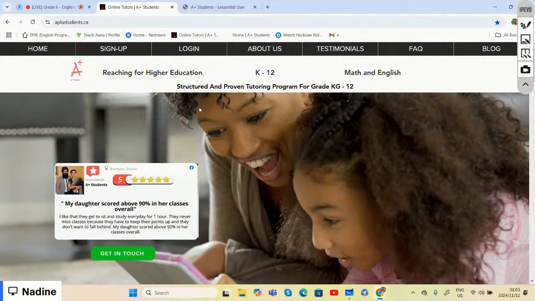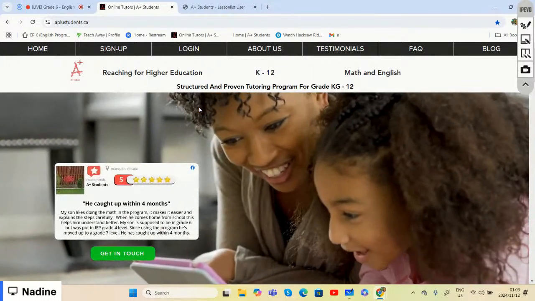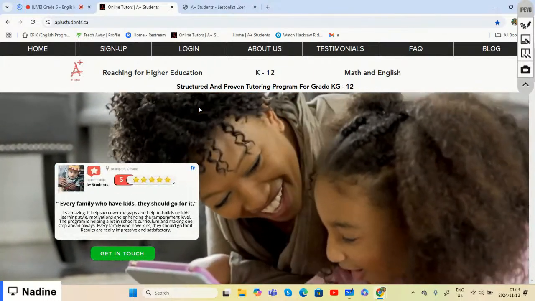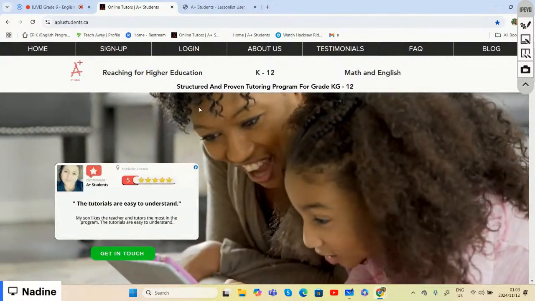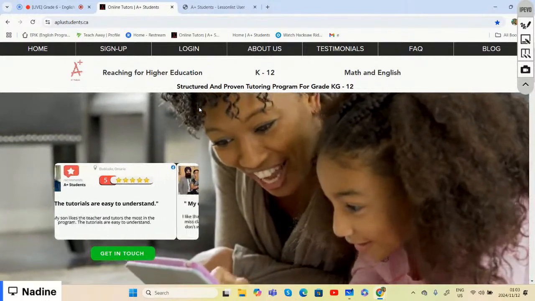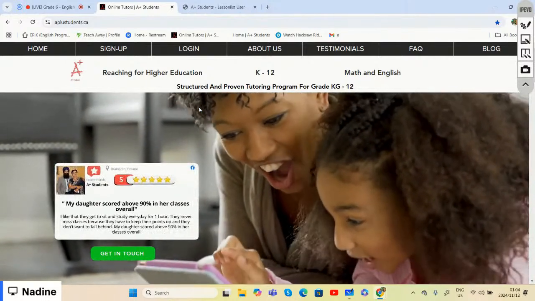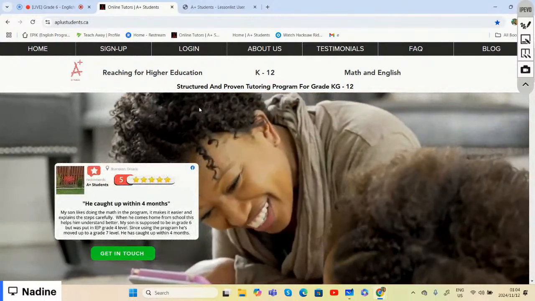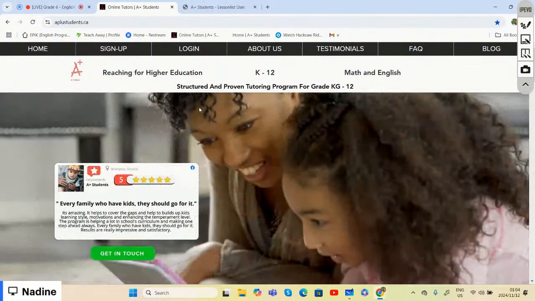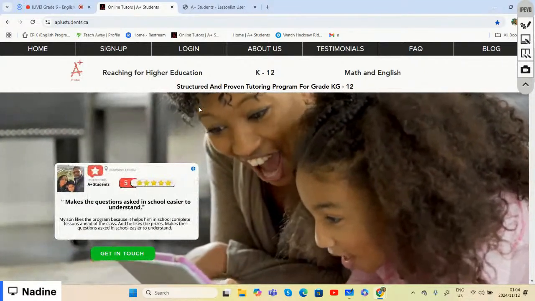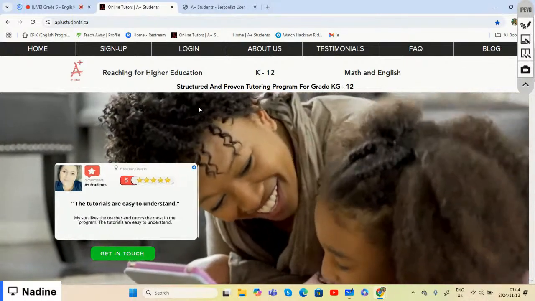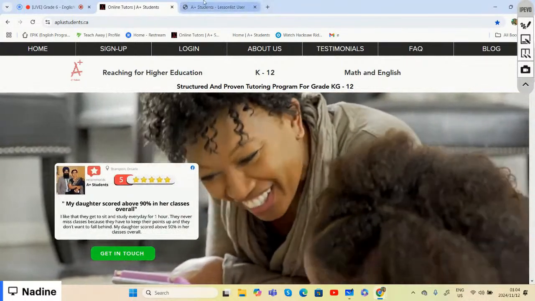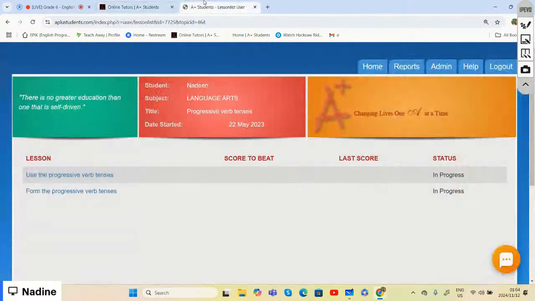Once you've logged on with our username and password, we're going to select the subject of English language arts, grade 6, and then scroll down until we get to our chapter of progressive verb tenses.